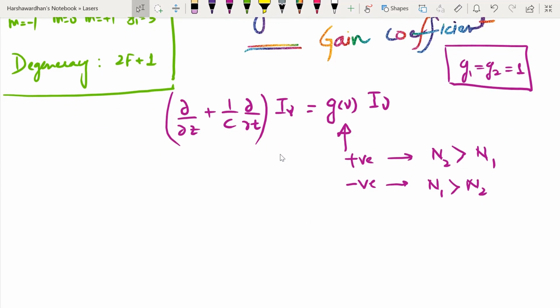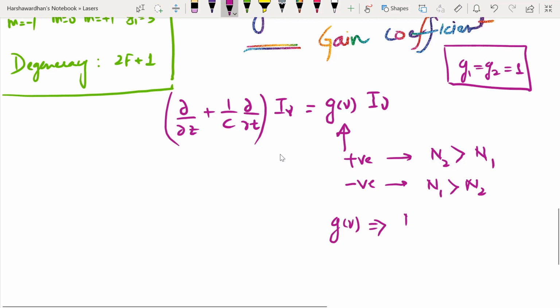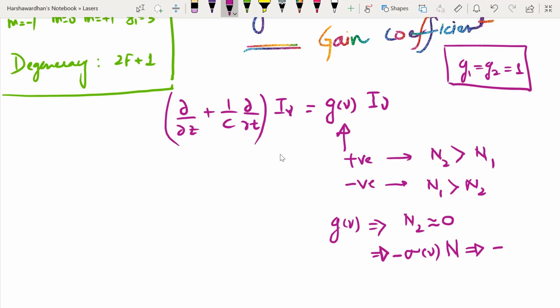If I take my gain coefficient and set N2 to 0, then you see that it is simply sigma nu times N with a minus sign, because N2 is 0 and all the population is in the ground state, and this quantity is essentially what we call the absorption coefficient, right? That's how we have defined it earlier.